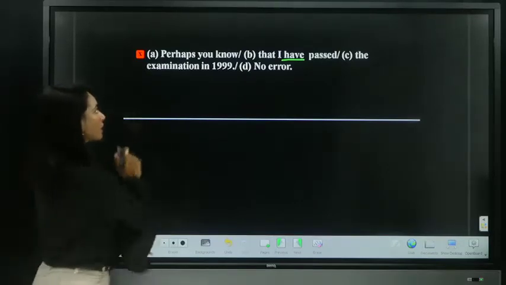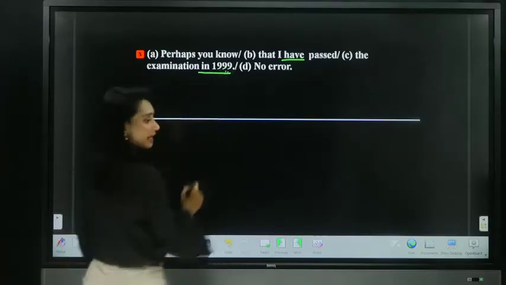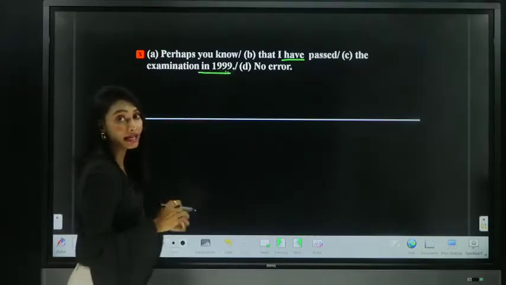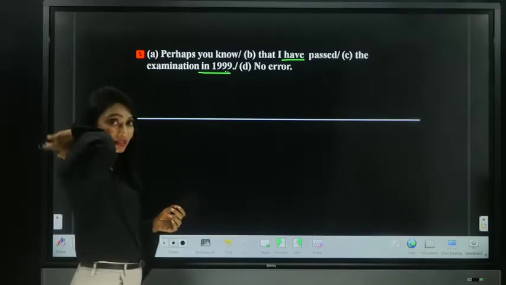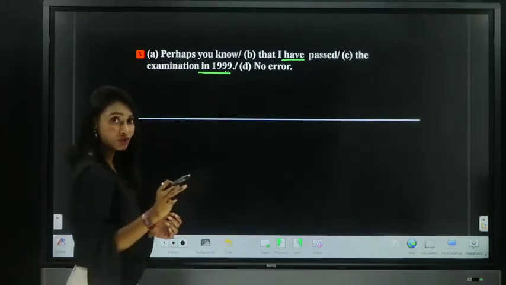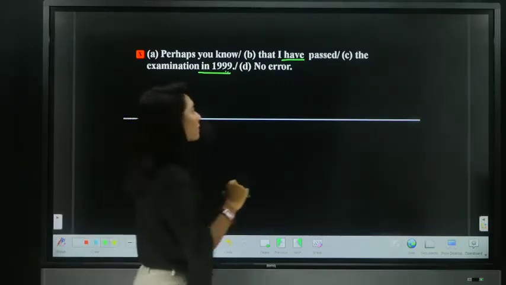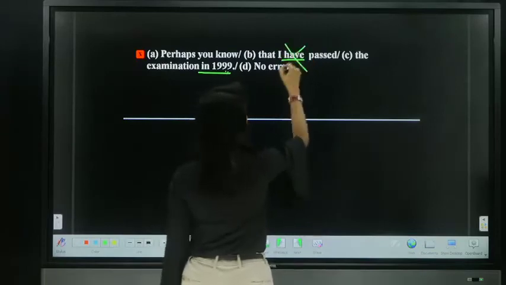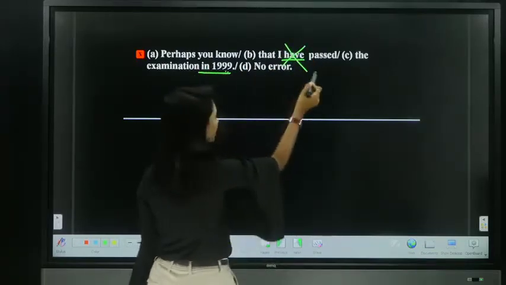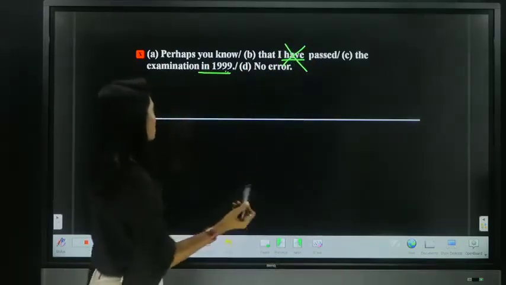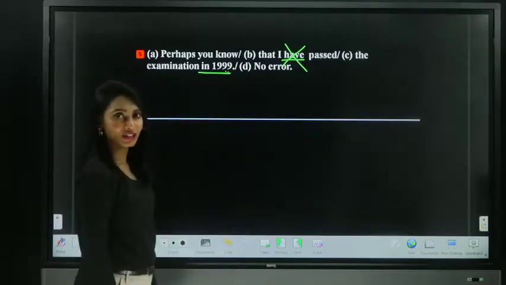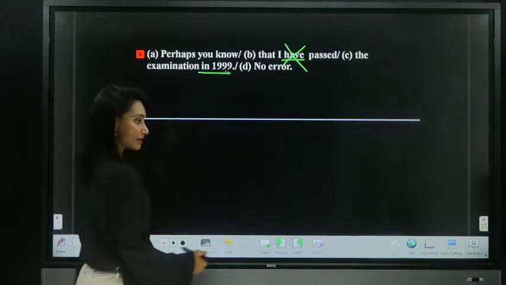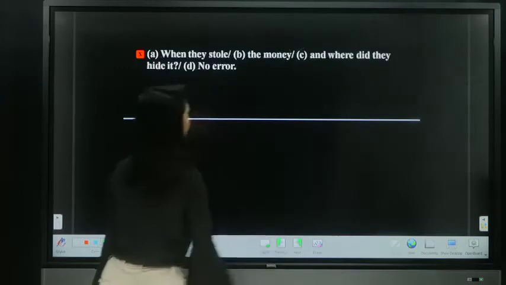I told you 1999 is a time indicator of past. So whenever a time indicator is there, you must write it in simple past. Again, remove this "have." Perhaps you know that I passed the examination in 1999.